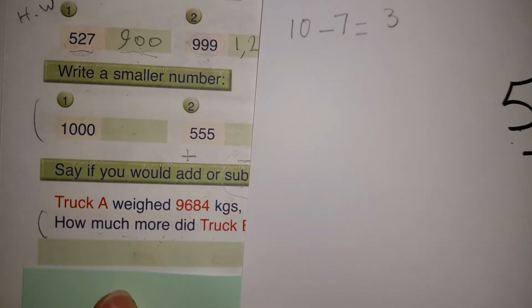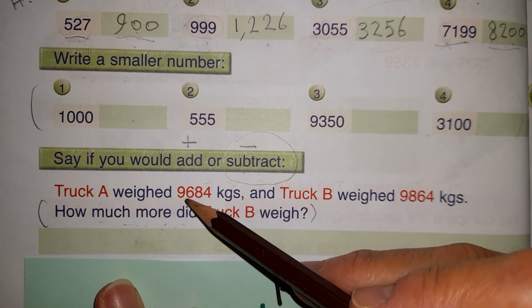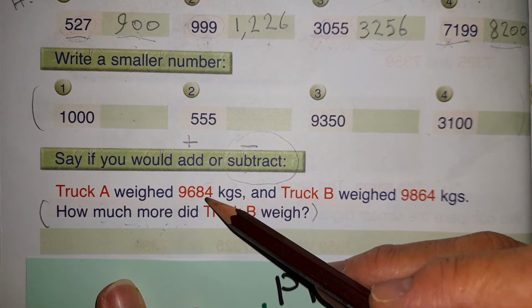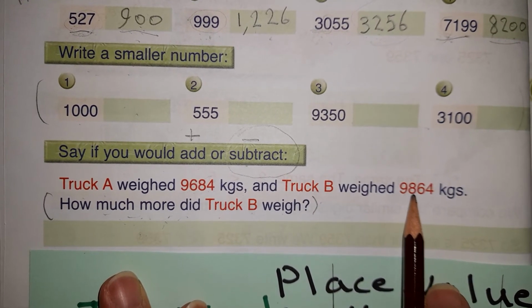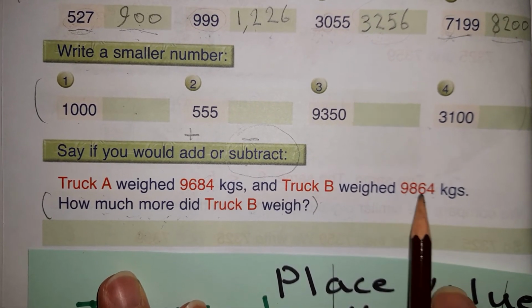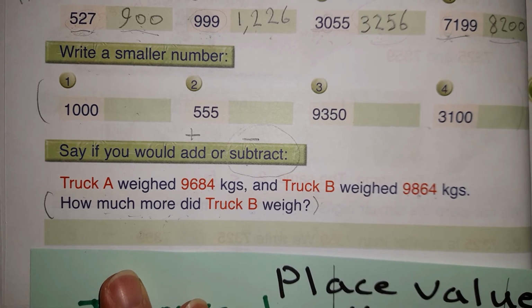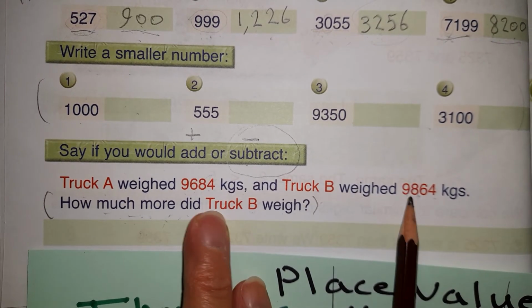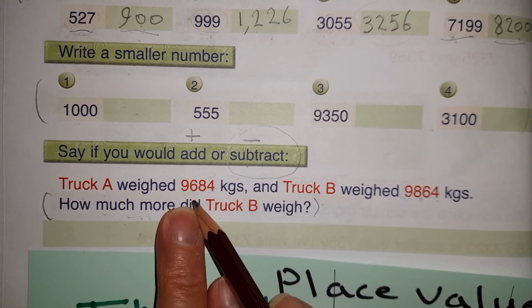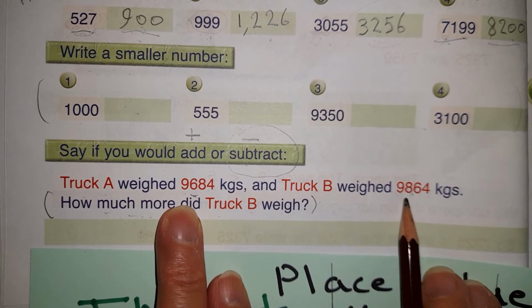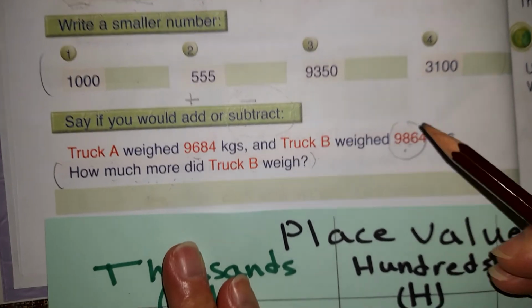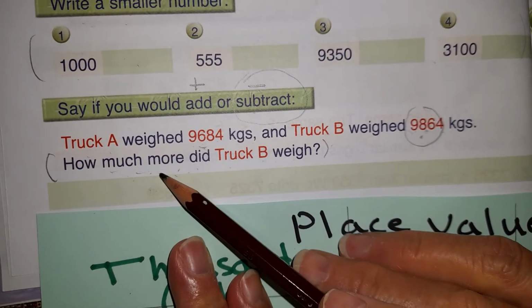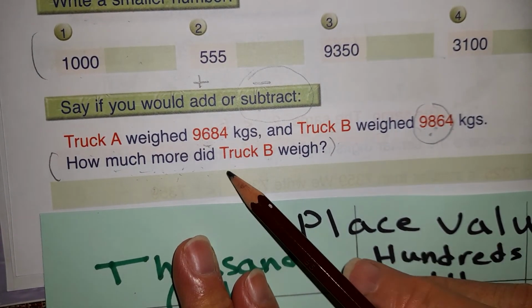In this question it's the same. Truck A is 9,684 and truck B is 9,864. Who has more? 9,000, compare 9, this is 6, this is 8. So truck B is more than A. How much more did truck B weigh?